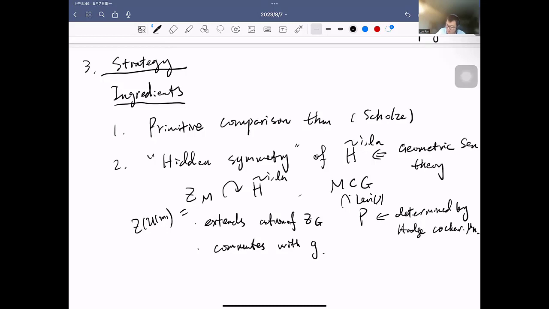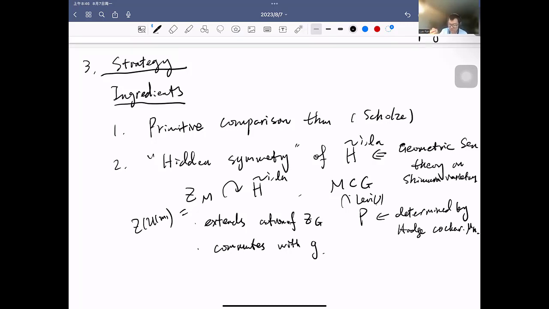On Shimura varieties. In the case of the modular curve, this was done in my previous work, and for general Shimura varieties, this was done in Rodríguez Camargo's thesis work.